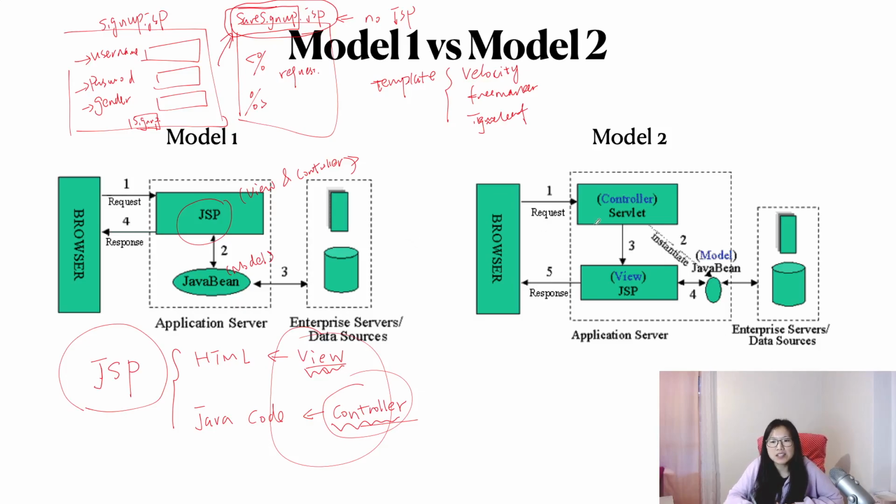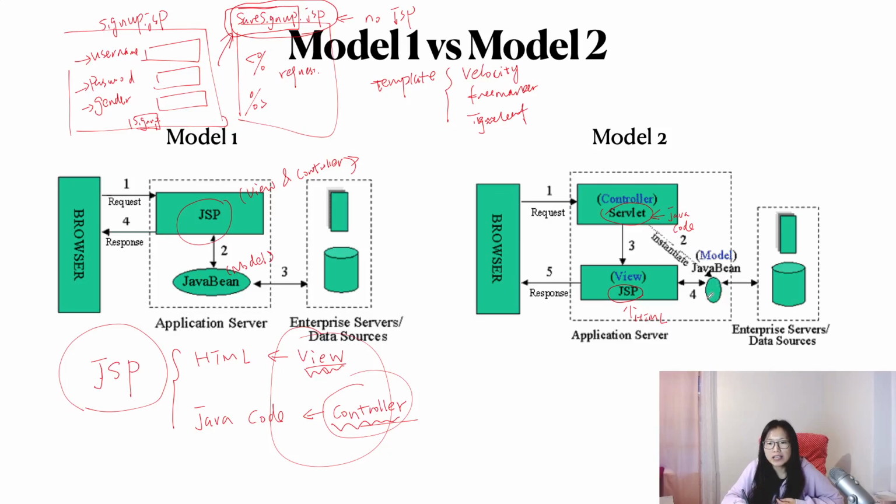Since we learned servlet, in servlet we write Java code, right? And in JSP we can write most of the HTML code, and in the servlet we write our Java code. JSP is just for display, and the model still uses Java Bean.